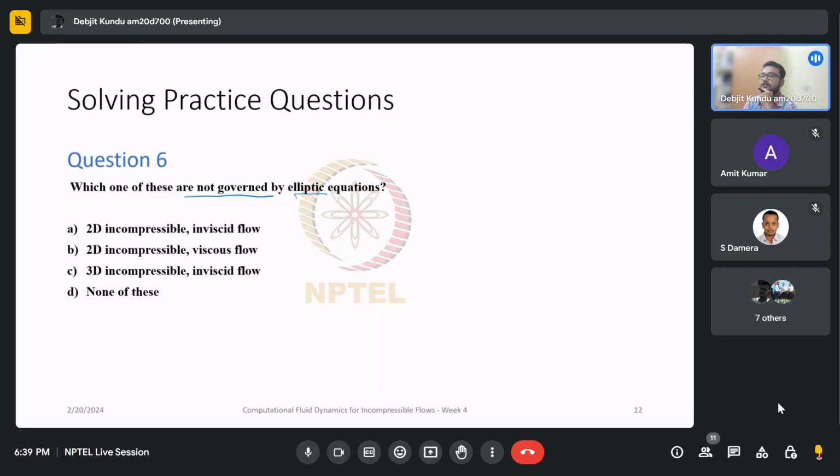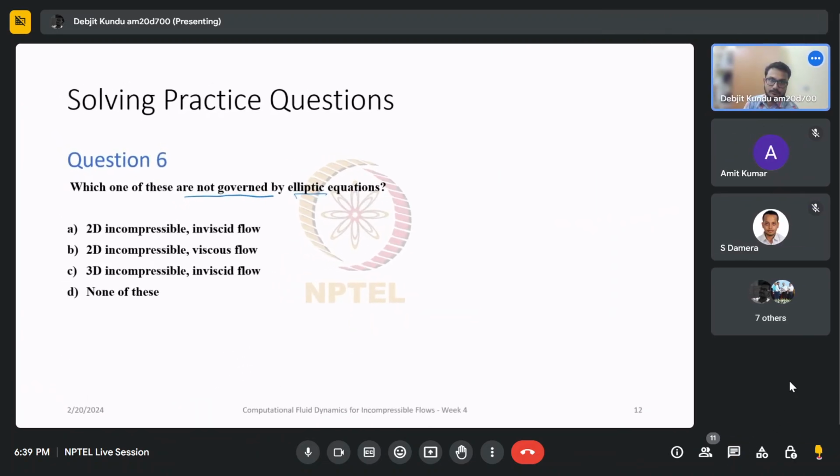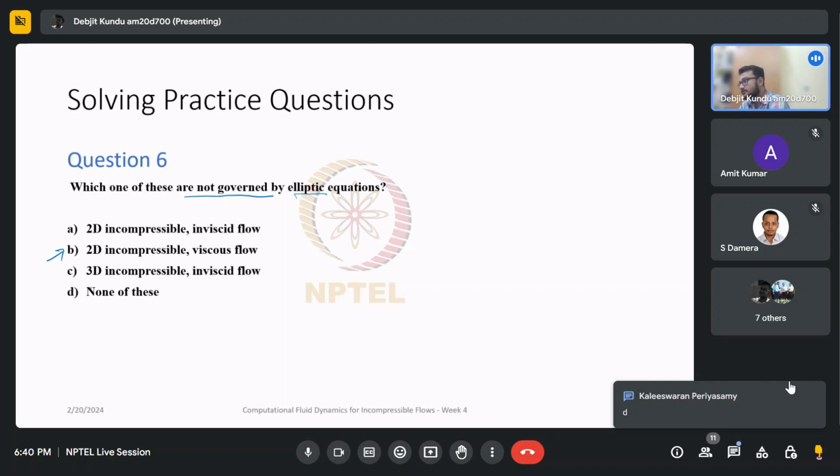Is it option A, 2D incompressible inviscid flow, option B, 2D incompressible viscous flow, option C, 3D incompressible inviscid flow, or option D, none of these? Some of you are telling me it should be option B, 2D incompressible viscous flow, right? Any other responses? Okay, so we got one response in favor of option D, none of these.